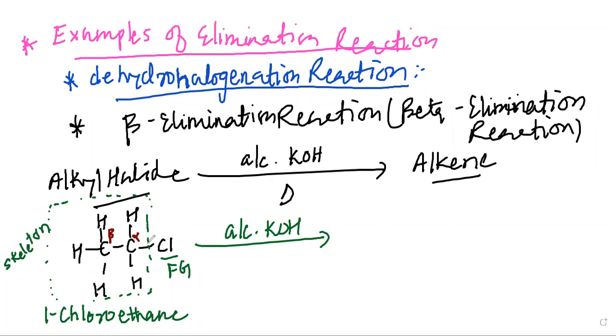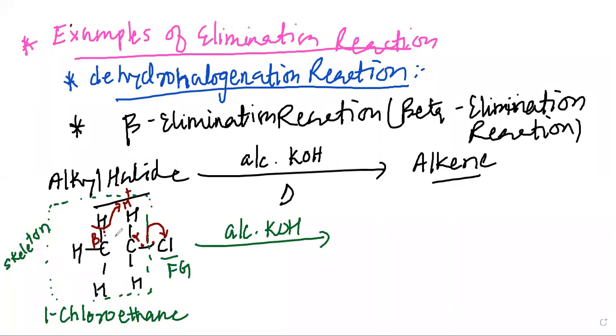Now this bond is being broken and both the electrons of this bond go with the chlorine. And my dear students, please remember, the hydrogen from the beta carbon gets released as an H plus. Both the electrons of this beta carbon and hydrogen bond, let me show you, this is the beta carbon.